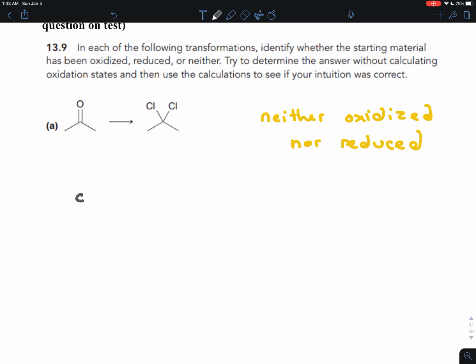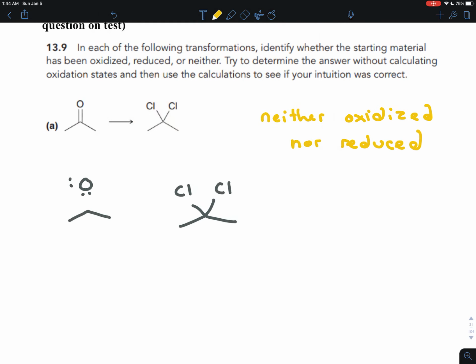If we have this carbon, and here, this carbon would lose the electrons to both of the bonds to the oxygen. So if you assume that these are perfectly ionic bonds, those electrons will both go onto the oxygen.